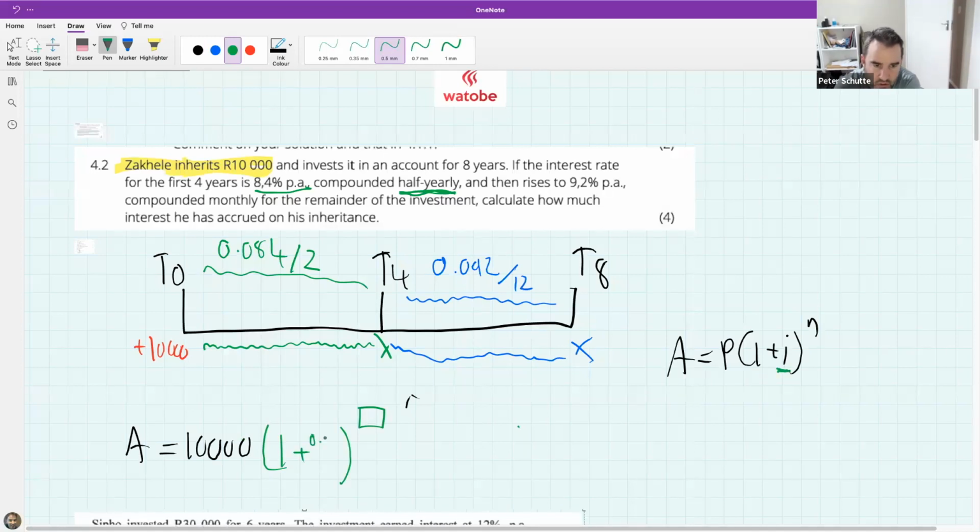So I get... but now I need to ask myself, how many time periods should be here? So who can tell me what should go in the square block? Now, remember, the time periods need to match the interest rate, and the interest rates are for half years. So what should go up here?